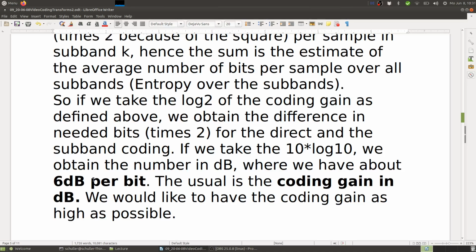So this is the conversion between dB and bits. And usually the coding gain is given in dB. So we would like to have the coding gain as high as possible because then we benefit more from going to the subband domain.